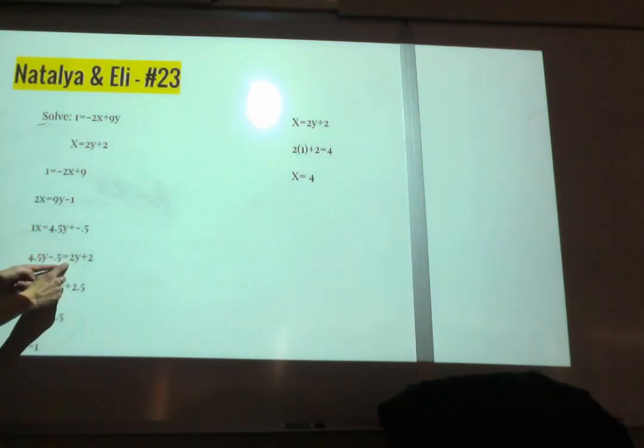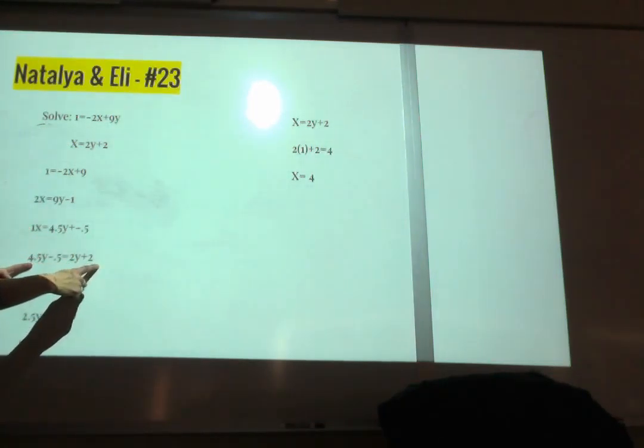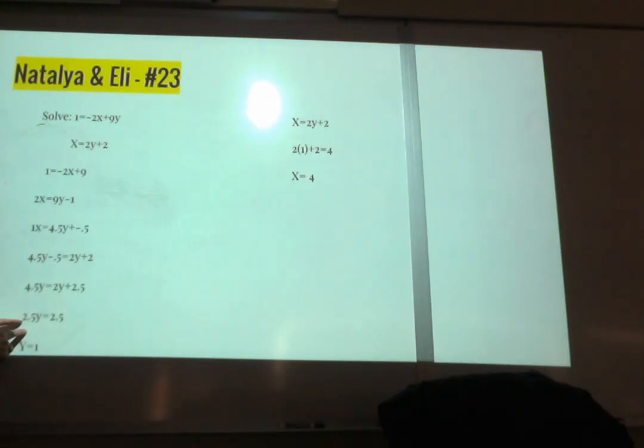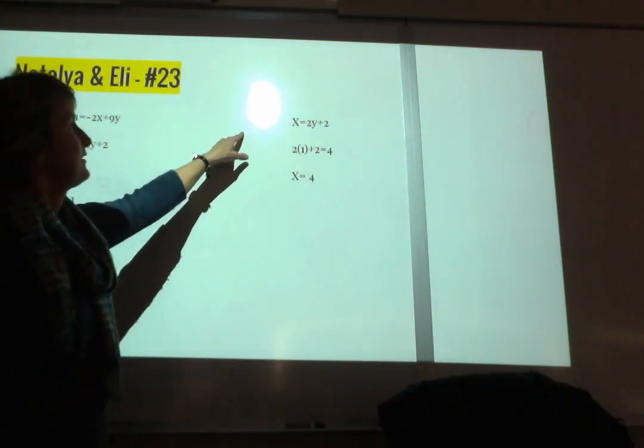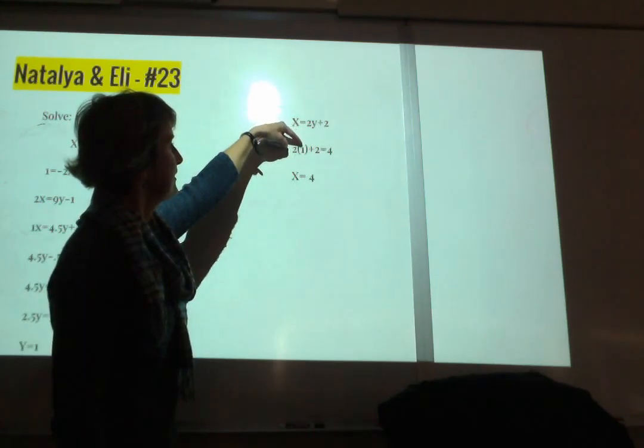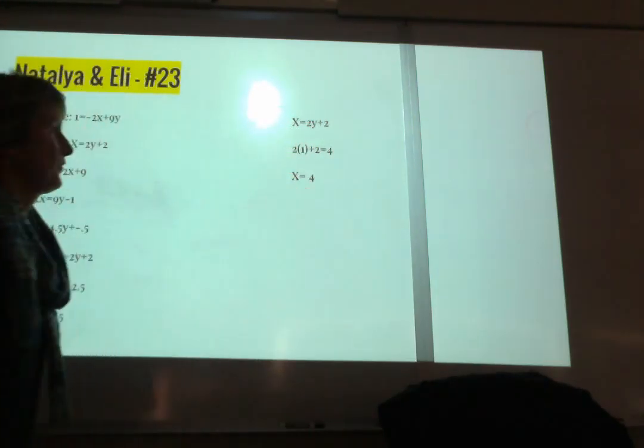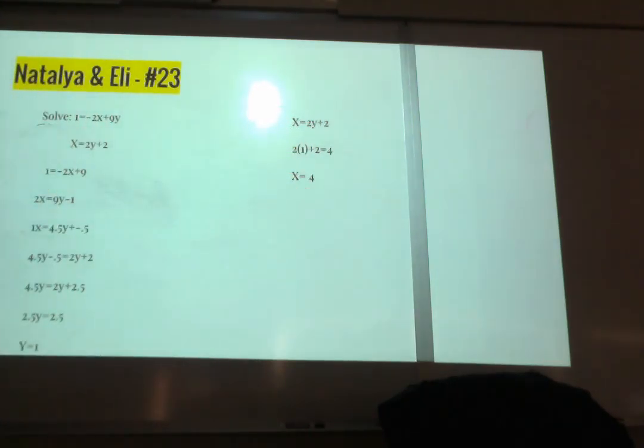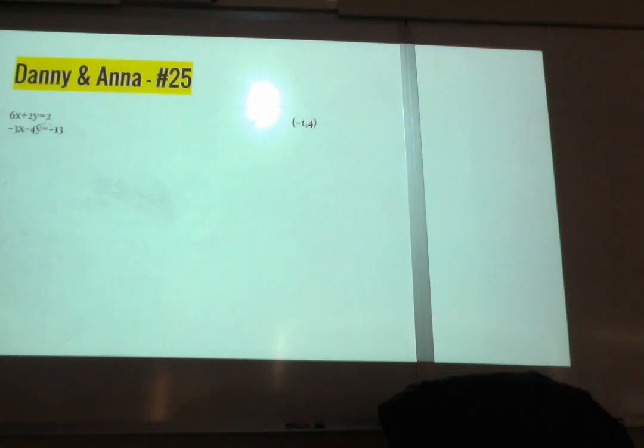So they set those two equal to each other and worked to solve for y. 2.5 y equals 2.5, y equals 1. They brought the 1 over, plugged it in, and came up with an x of 4. There are different ways to go about that one, but that is one way. And then it looks like some are unfinished.